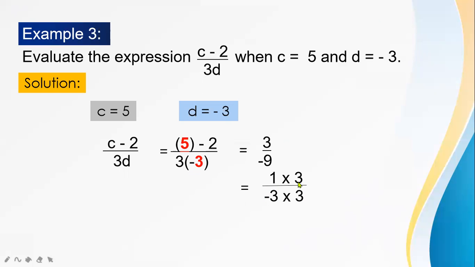So 1 times 3, that will be the factor of positive 3. Then negative 9 factors, we have negative 3, then multiply into 3. We have negative 9. 3 times 3 is 9. Then you cancel the common factor. Then after that, the remaining factor is 1 over negative 3. So therefore, this will be your answer.